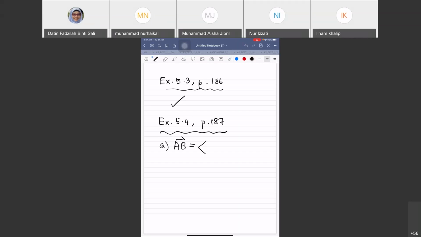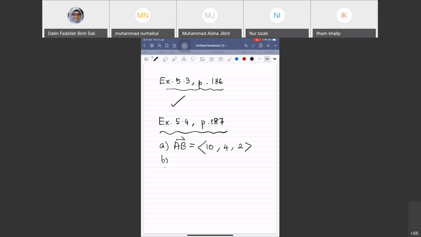So 7 for the first component, 7 minus 3. Then for the second component, 8 minus 4. And for the third component, 3 minus 1. So you get your vector AB.